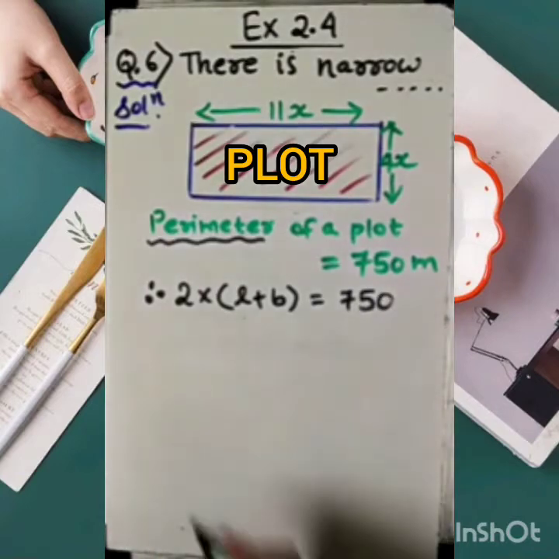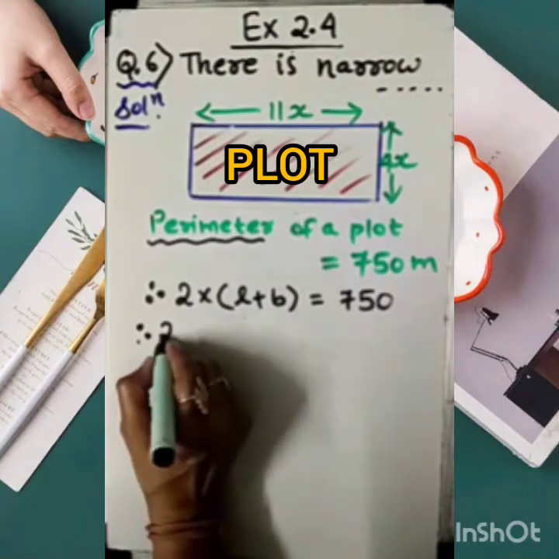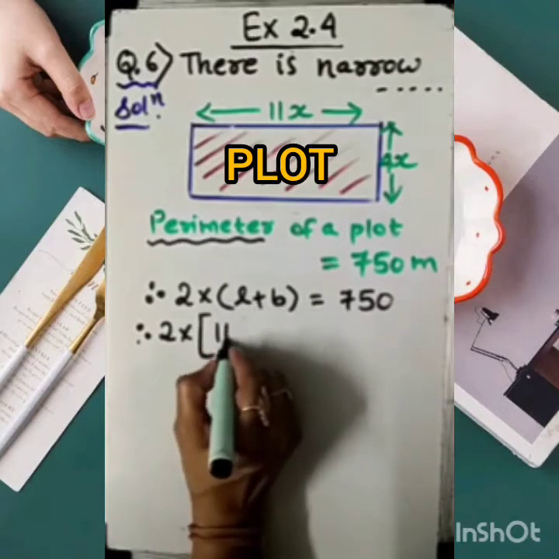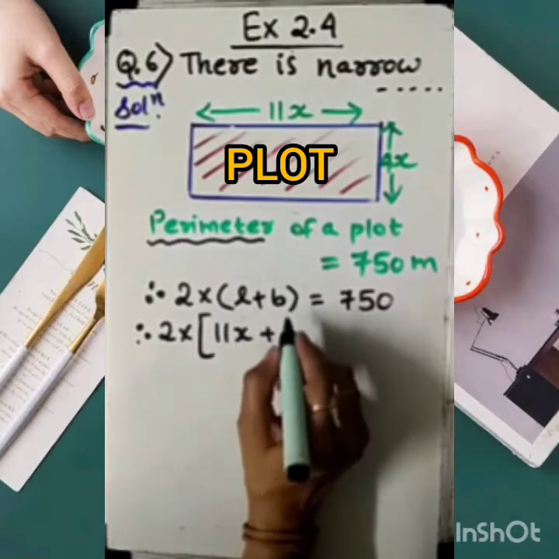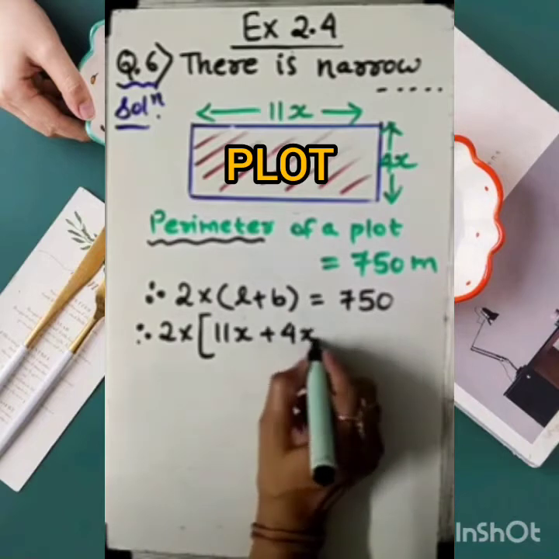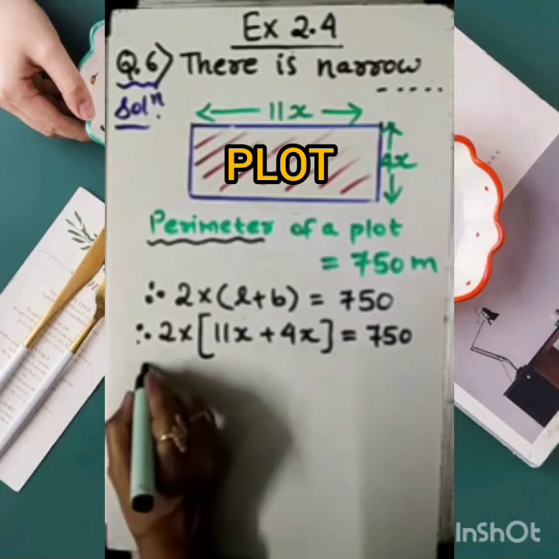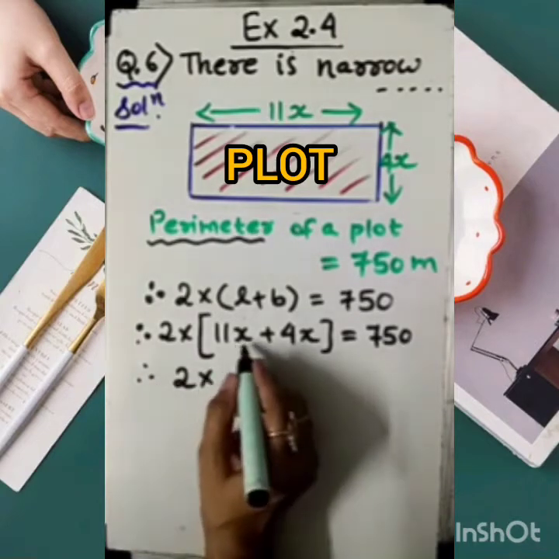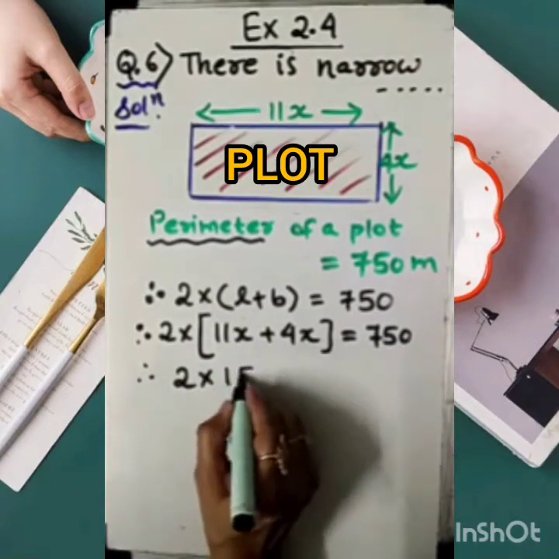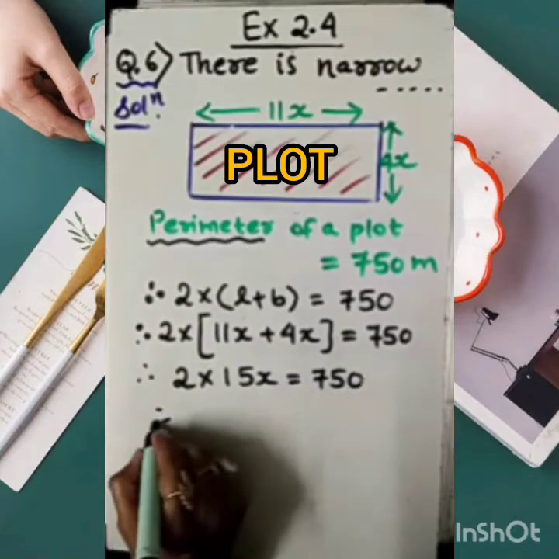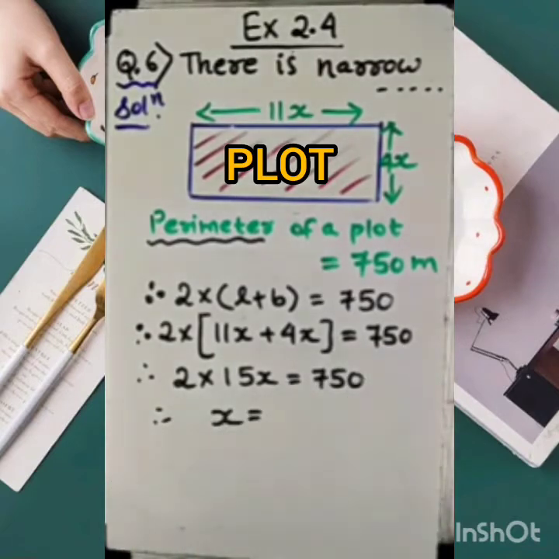According to this question, we have already been given the ratio, which we have written: length is 11x and breadth is 4x. So let me write down here: 750. Therefore, 2 into 11x plus 4x is 15x, that is equal to 750. Therefore, what is the value of x? How to find it?